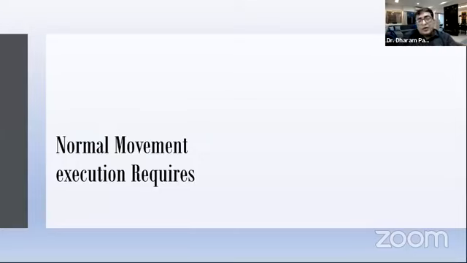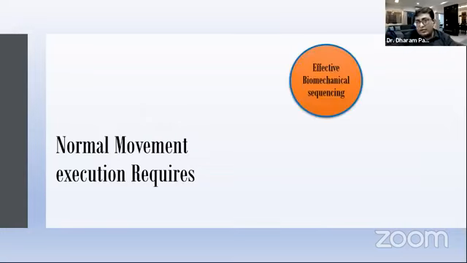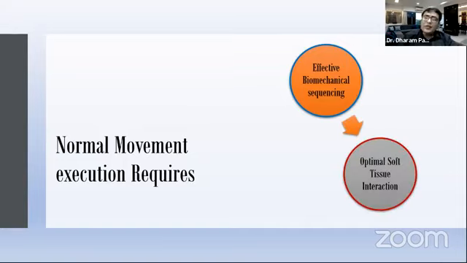Okay, so now let us understand how normal movement execution takes place and what is required. There is a biomechanical sequencing which is very important for normal movement execution. There has to be an optimal soft tissue interaction, because there are a lot of movements taking place. When soft tissue integrity is not maintained, those movements cannot be executed in the way they have to be, right?